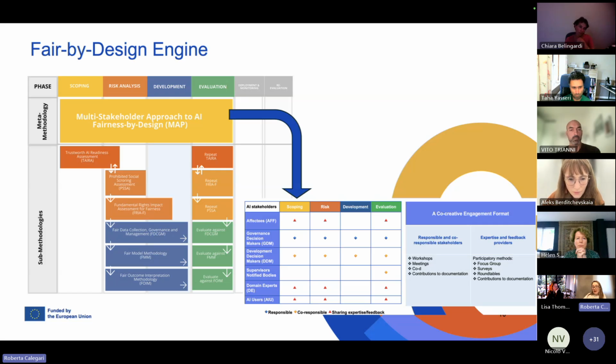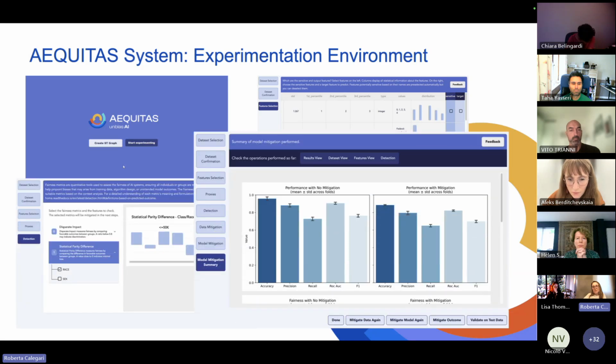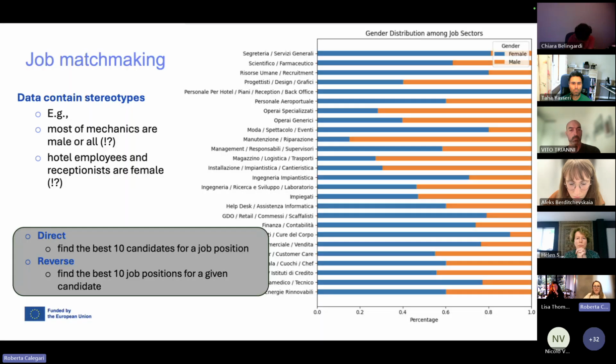The computer scientist cannot act alone and say, okay, I will put this weight or whatever. We need to work together. Here are some screenshots to show how you can reify the different requirements of the AI Act, but not going into the detail. Just a couple of examples that I want to bring.